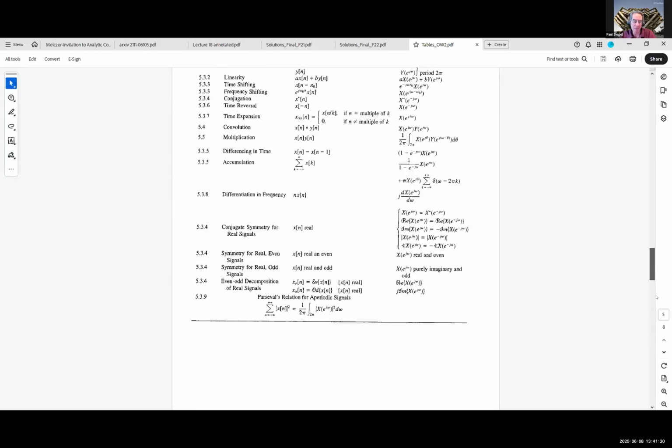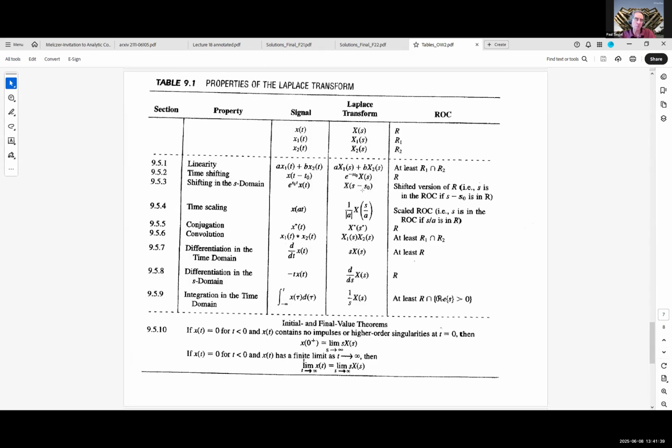So let's go to that table from chapter 9. Here are the properties of the Laplace transform.